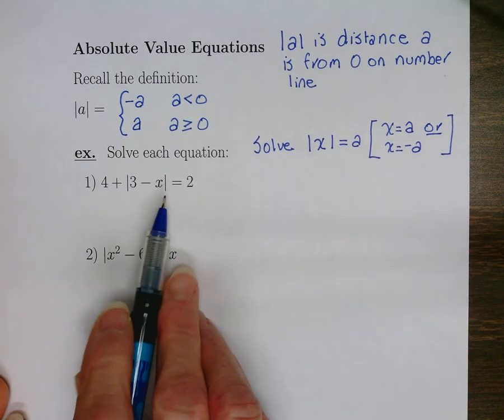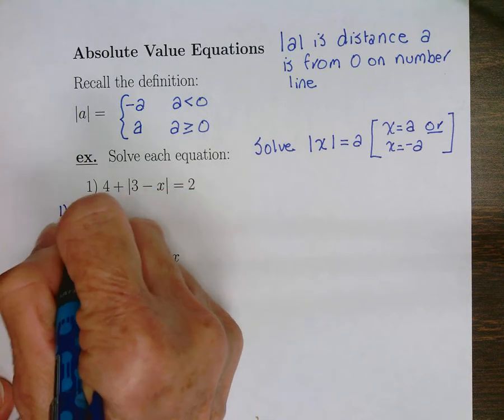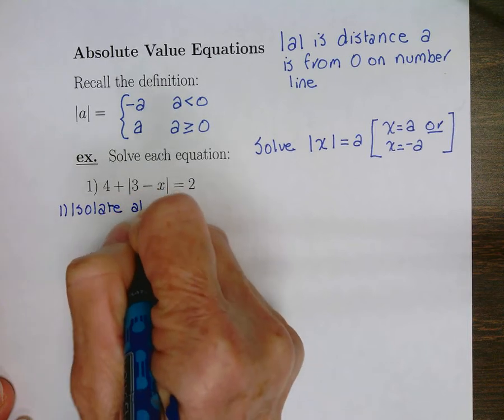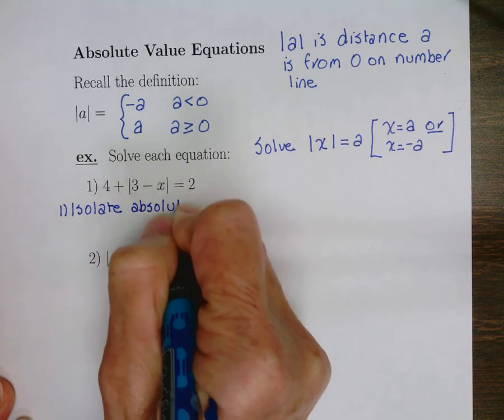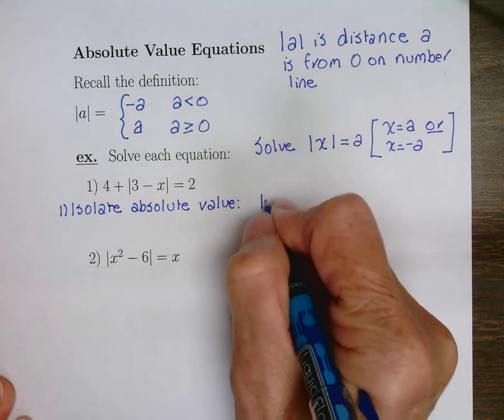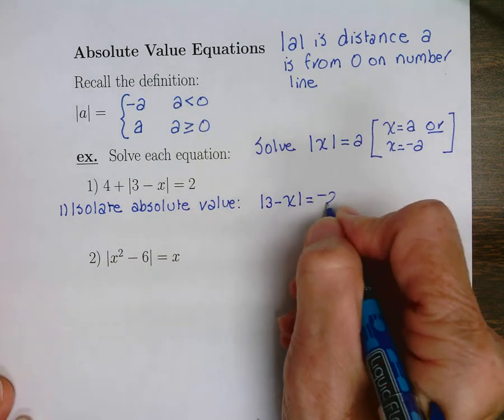For example, look at this first equation. What's the first step? Is to isolate the absolute value. And we get that the absolute value of 3 minus x equals 2 minus 4 equals negative 2.